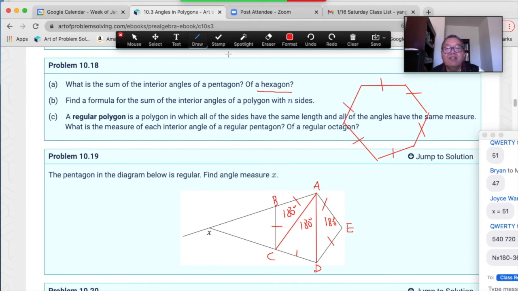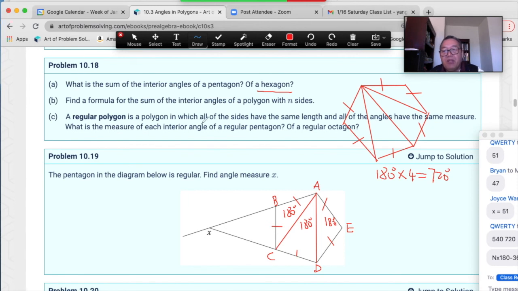To find this, you can also connect this side and this side. Then you get 4 triangles. So the sum of interior angles in a hexagon will equal 180 degrees times 4. You get 720 degrees, right?